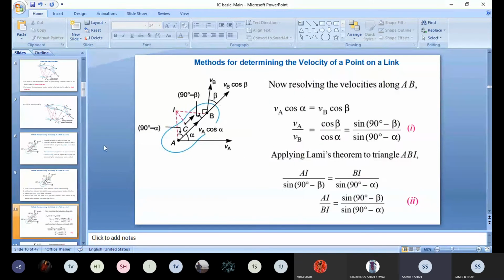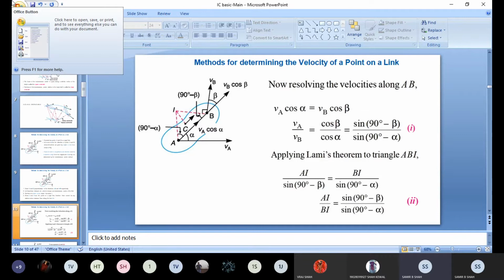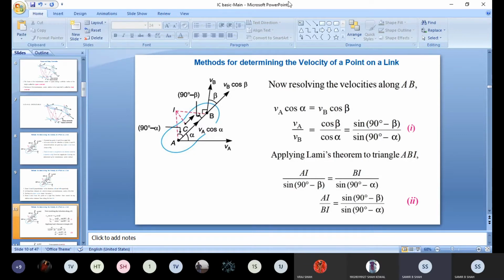So VA by VB is equal to cos beta by cos alpha, or as per the mathematical rule, sin(pi/2 minus beta) divided by sin(pi/2 minus alpha), or sin(90 minus beta) divided by sin(90 minus alpha). As it may be considered a triangle, we apply Lami's theorem.